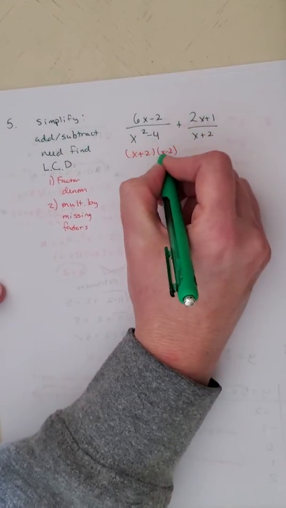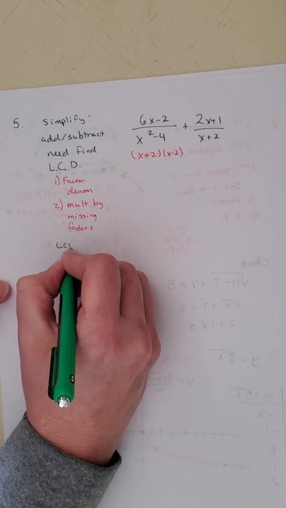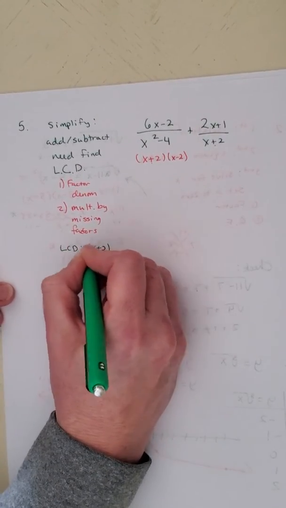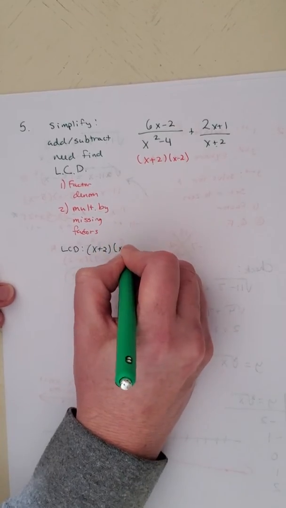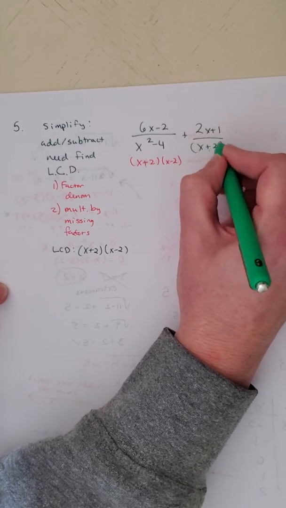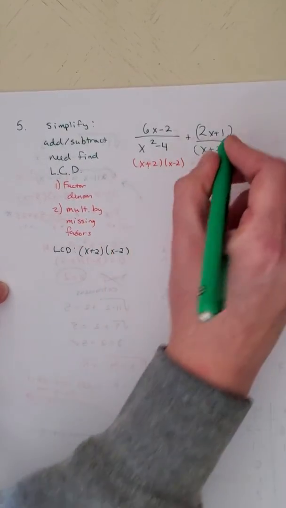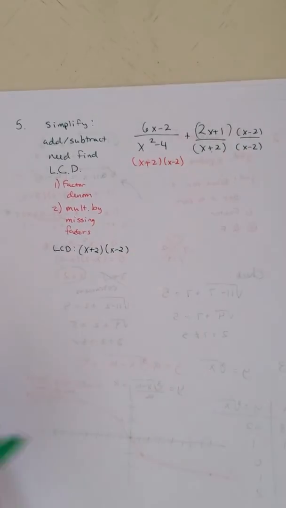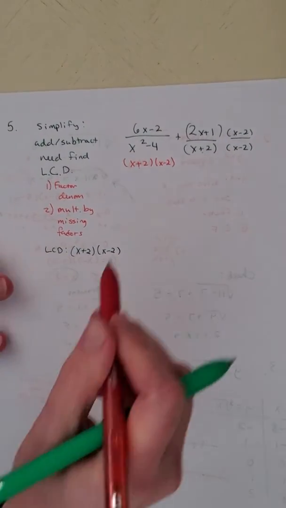All right, so this one, the LCD in this case is going to be x plus 2, x minus 2. So this term is missing the x minus 2. So I will multiply both the top and bottom by x minus 2. All right.